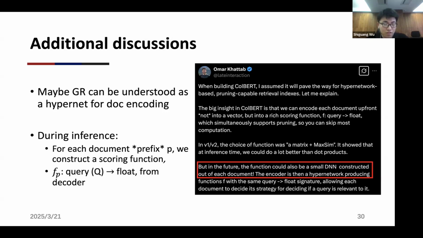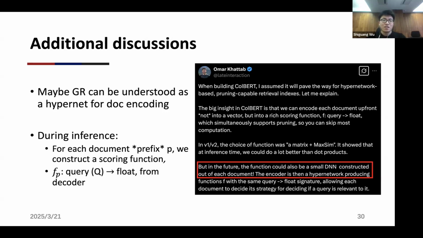So for a document, we can look at the cross attention layer. There are two inputs for the cross attention, the query encoding and the document encoding, which we are generating. So if we fix the document as the parameter, the query is actually the input for this function. So during generation, we are constructing the hypernet, which is a function of the query, and directly outputs the score for all documents with the same prefix.